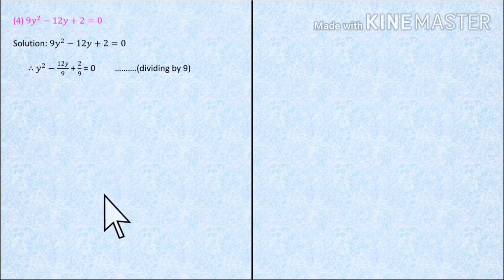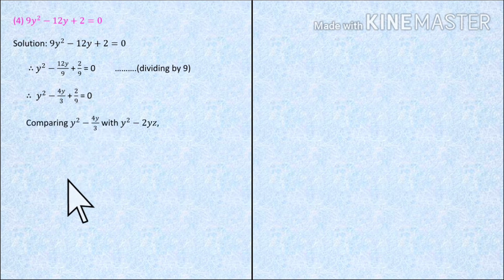Now this equation is in the form of x square plus bx plus c is equal to 0. Here we can divide by 3. So the equation becomes y square minus 4y by 3 plus 2 by 9 is equal to 0.